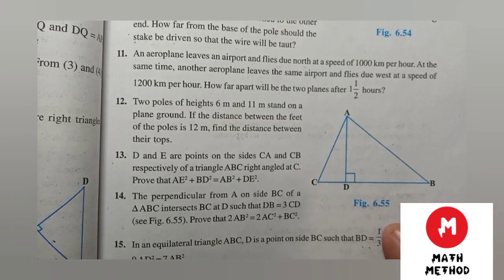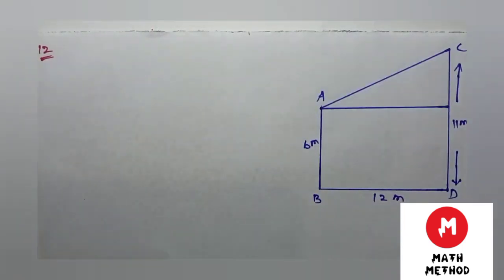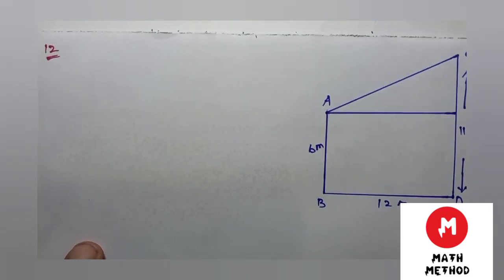Two poles of height 6 meters and 11 meters stand on a plain ground. If the distance between the feet of the poles is 12 meters, find the distance between their tops. So we have to find out the distance between the two tops. So I have drawn this figure like this. This is my figure for question number 12.